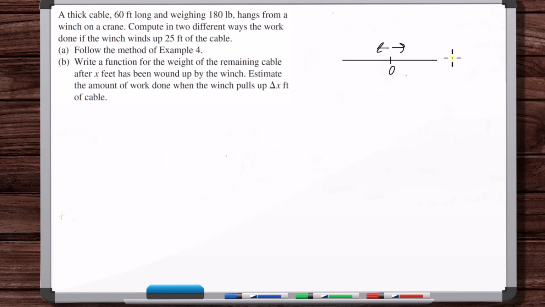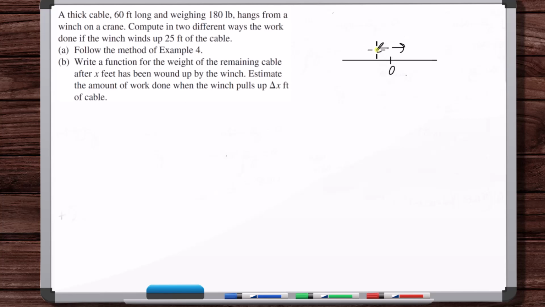It's not 2 or 3 dimensional. And the direction of the force is always along that same line. Usually it'll be in the same direction as the displacement. Okay, so we're not considering the idea that maybe the force vector is off the direction of motion. So it's a simplified case.